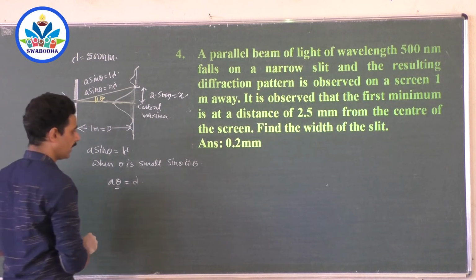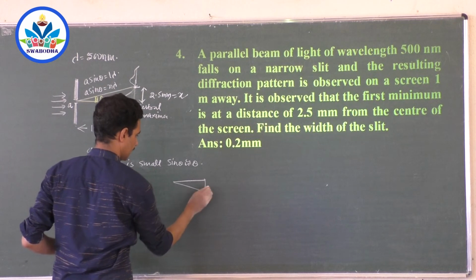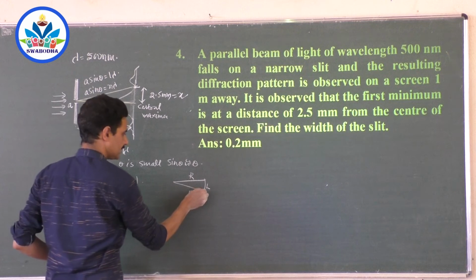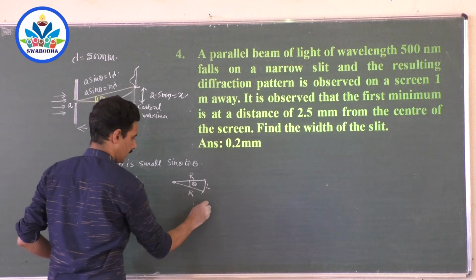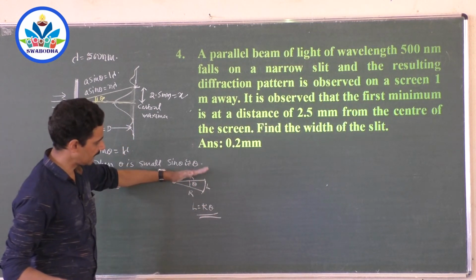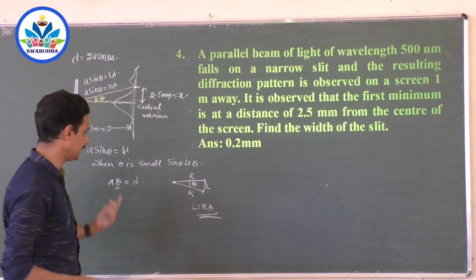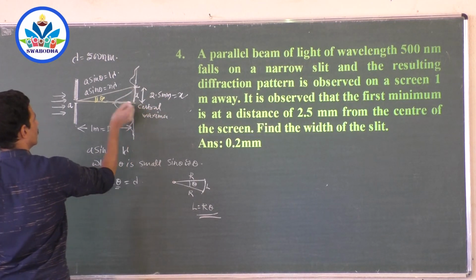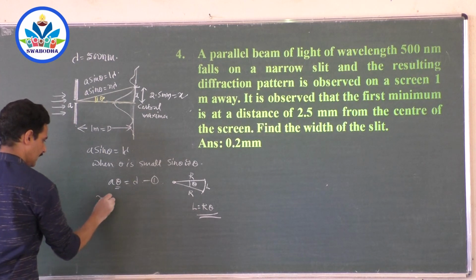When you have an arc of a circle of radius r, suppose the length of the arc is L, and this arc subtends an angle theta at the center, you write L is equal to r theta, right? So when a radius r subtends an angle theta like this, making an arc of length L equal to r theta, apply this here. This x is equal to d theta. Shall I write it? I will take it as equation 1. x equal to d theta.